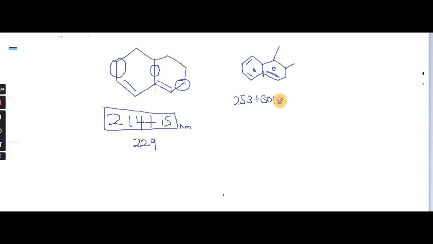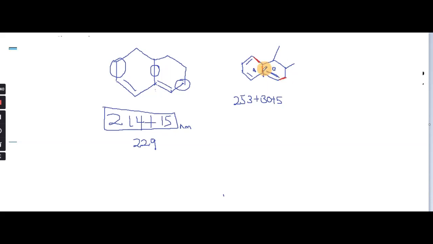The next one is to look at the acyl groups and the ring residues. Now bear in mind, for the ring residues or the acyl groups, we look at the ones on all the double bonds present and not only the base value. So we can see one acyl substituent here, another acyl substituent here, and another acyl substituent or ring residue here.